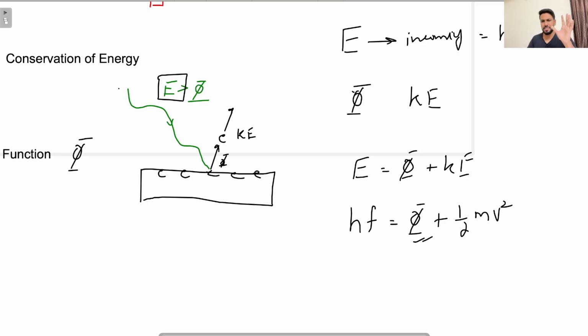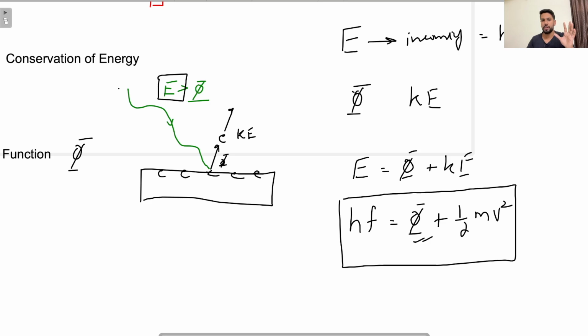This is known as Einstein's photoelectric equation. It is just a simple conservation of energy in action. This is the famous equation for which Albert Einstein got the Nobel Prize.